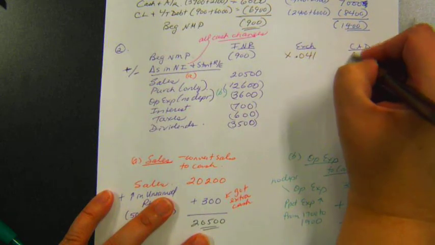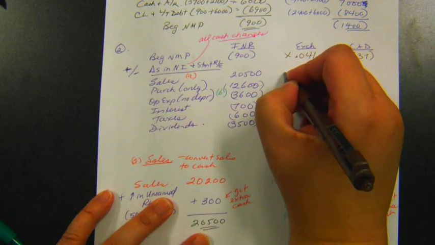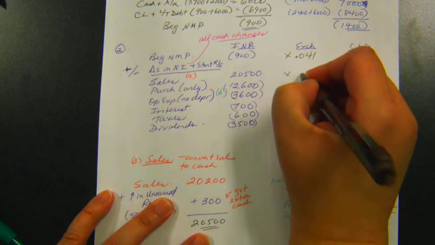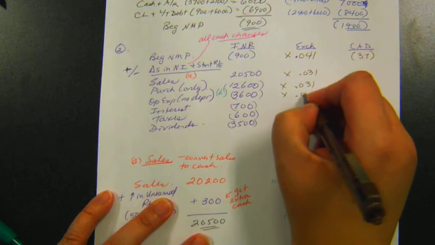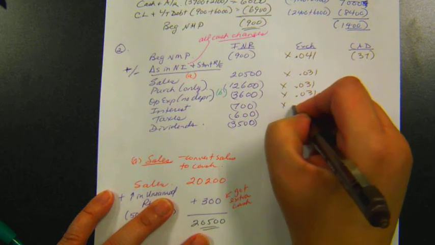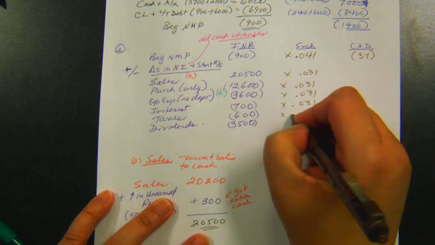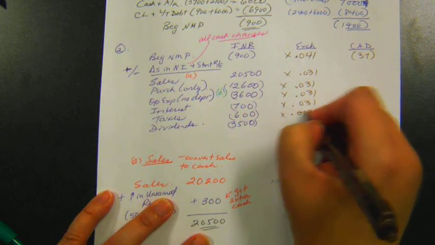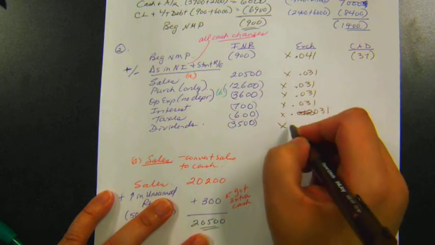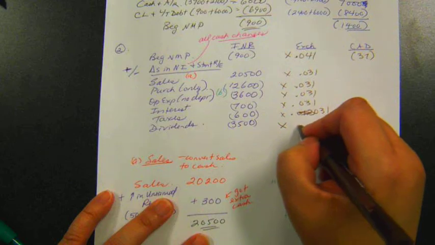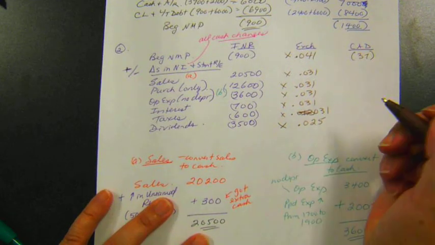And that equals, now sales is average, so it's 0.031. Purchases is average, 0.031. Operating expenses, 0.031. 0.031 for interest, 0.031 for taxes. Whoops. Dividends is the different one, so be careful with that one. It's when it's declared, 0.025.